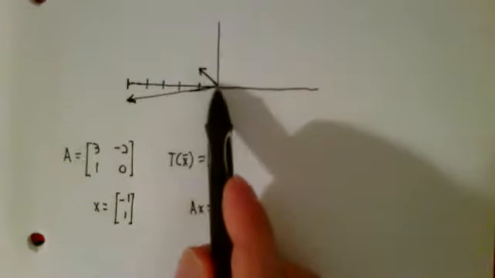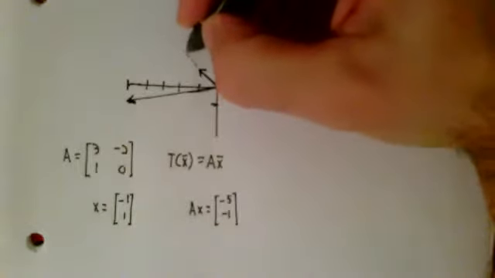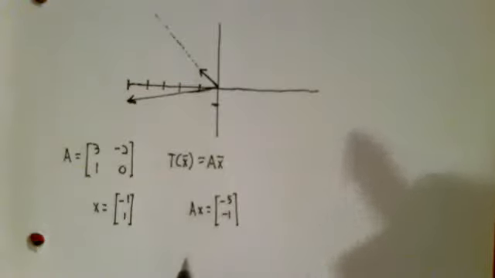It has a length and it has a direction. It's pointing this way. And doing this multiplication changed both those properties. Changed the length, changed the direction.